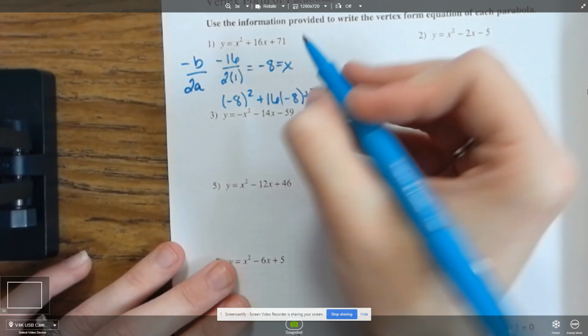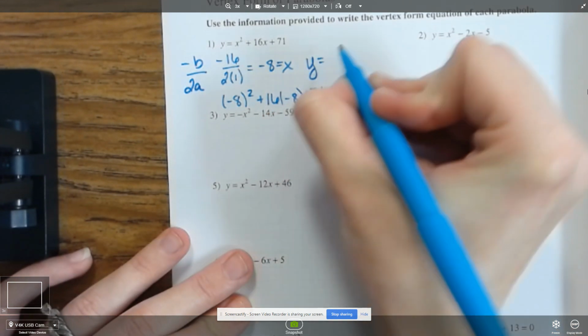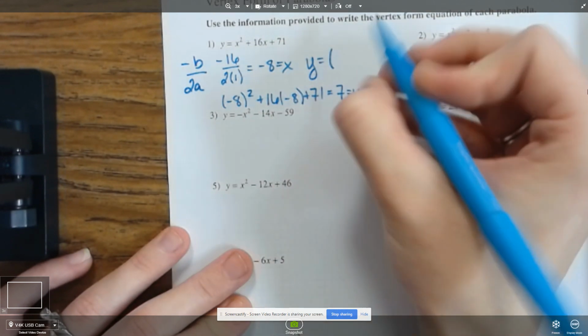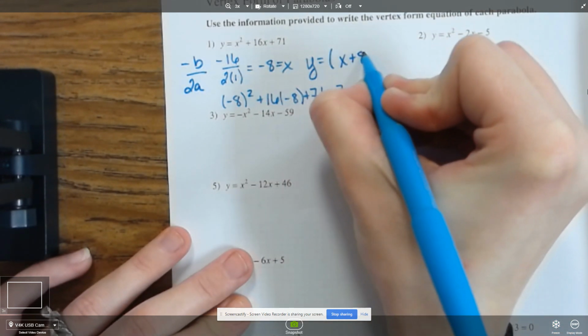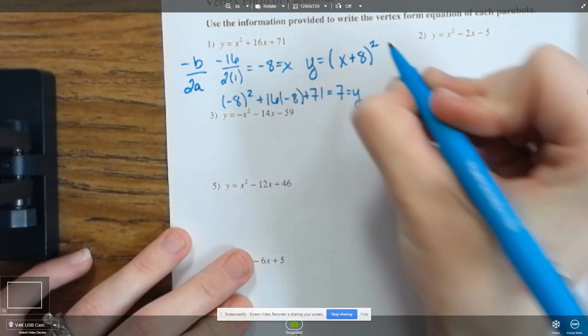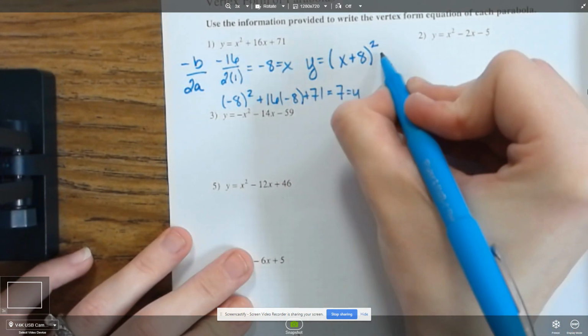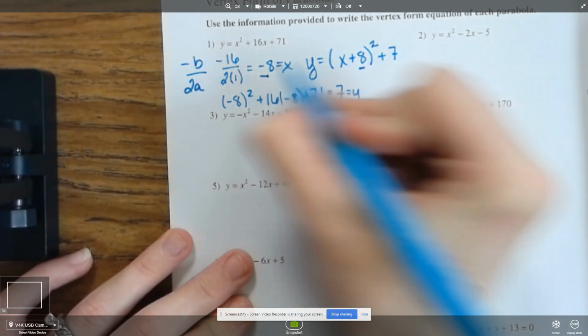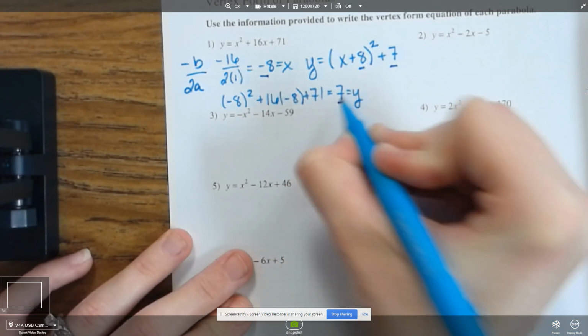And so now to write this in vertex form, y equals, and then in parentheses we put the x value. So remember, if it's negative, it's going to become positive in here. And then we just tack the y onto the end. So here's my x value, and then here's my y value.